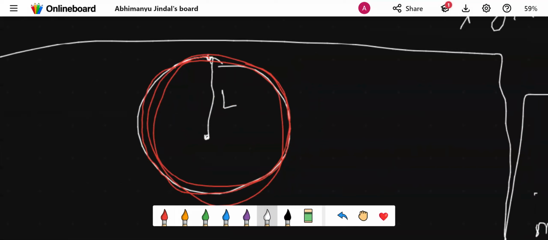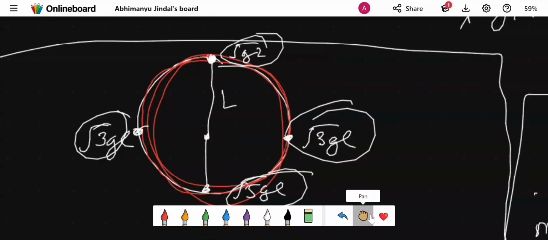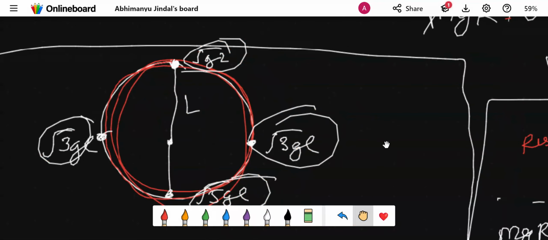There must be a minimum velocity with which it has to be given so that it can pass each point. The minimum velocity at the bottom is root 5gL. Here it's root 3gL, here it's root gL, and here it's root 3gL. I guess this is something you should remember. And if you want, I can give you the proof as well.